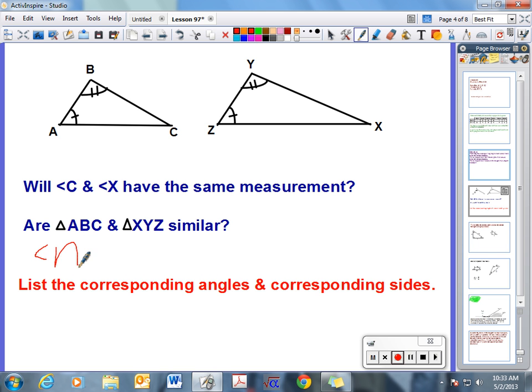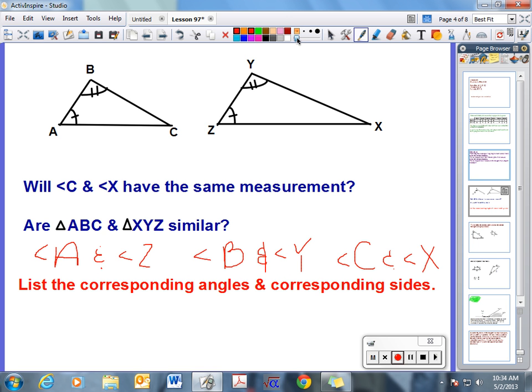Angle A would correspond to angle Z. They would be the same measurement, as we can see by our congruency symbols. And then angle B corresponds to angle Y. And then we said that angle C would correspond to angle X. Okay, not too tough on the angles. They had those marked for us.